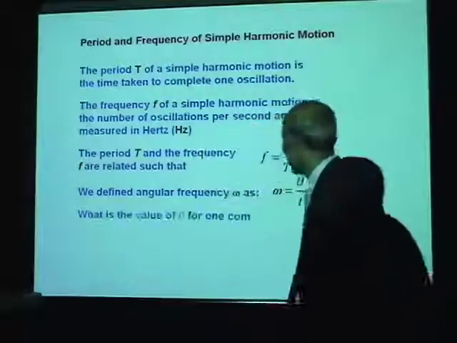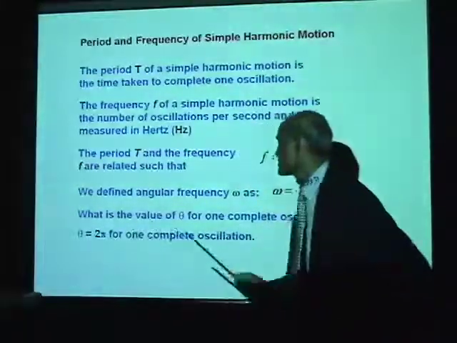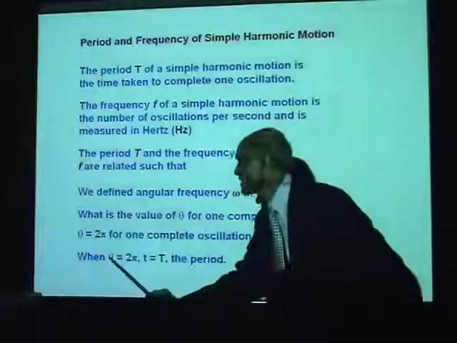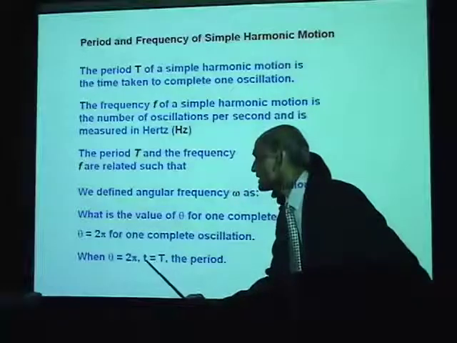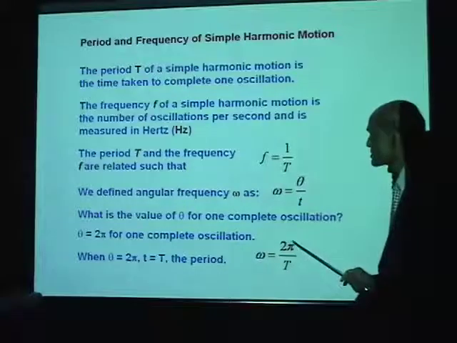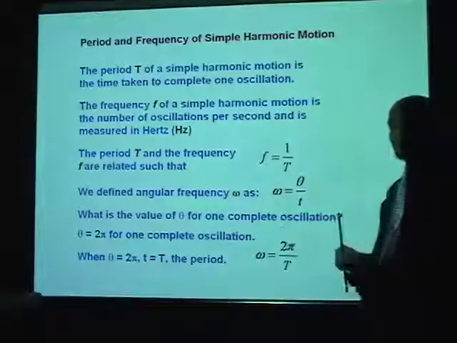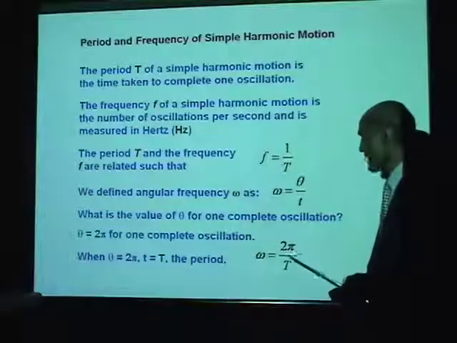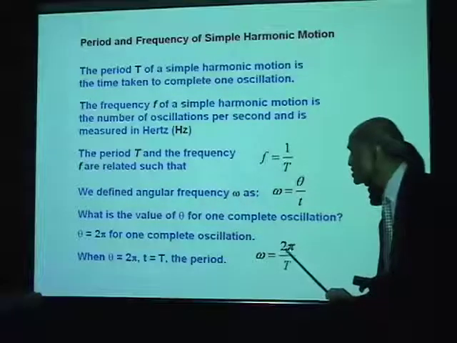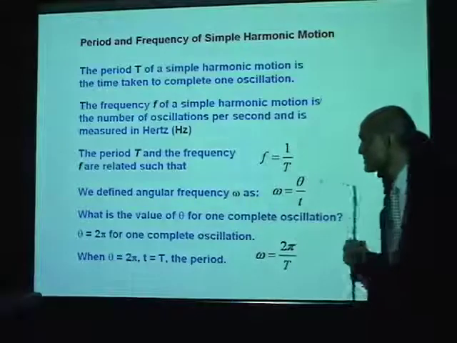So, can I therefore write that when theta equals 2 pi, the time t is the period. Therefore, omega equals 2 pi divided by the period. A very important relation. Omega equals 2 pi divided by the period. Alright, can you write this equation in terms of the frequency? What is omega expressed in terms of the frequency?